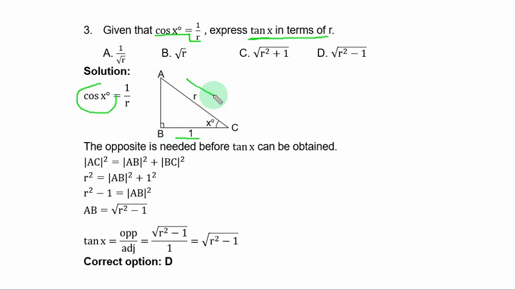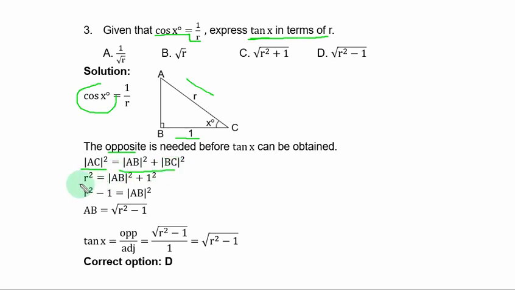Since the triangle is a right angle triangle, you use Pythagoras rule to get the opposite side. Now, the rule states that the square on the longest side is equal to the sum of squares on the other two sides.